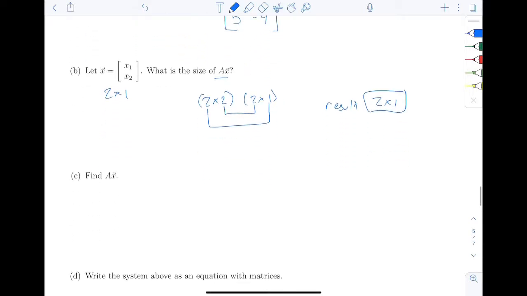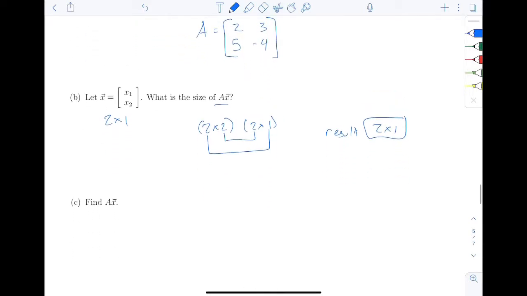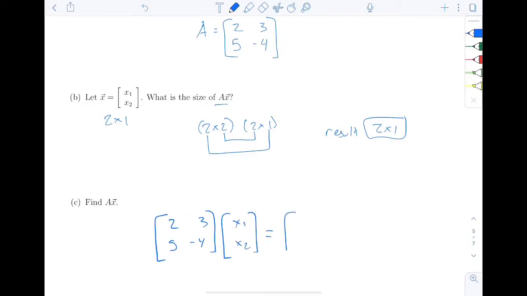Now let's find AX. Check this out. This is where it starts to come to life. 2, 3, 5, negative 4. If I multiply that with x1, x2, you get 2 rows, 1 column. The first thing is going to be 2x1 plus 3x2.